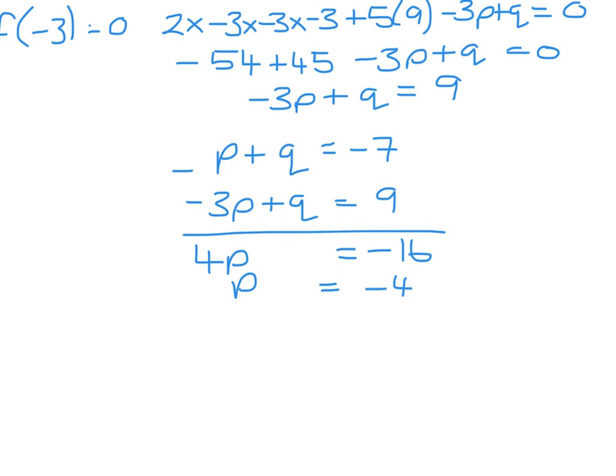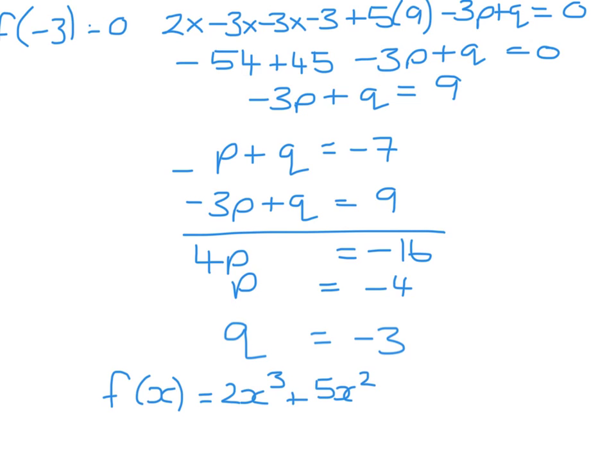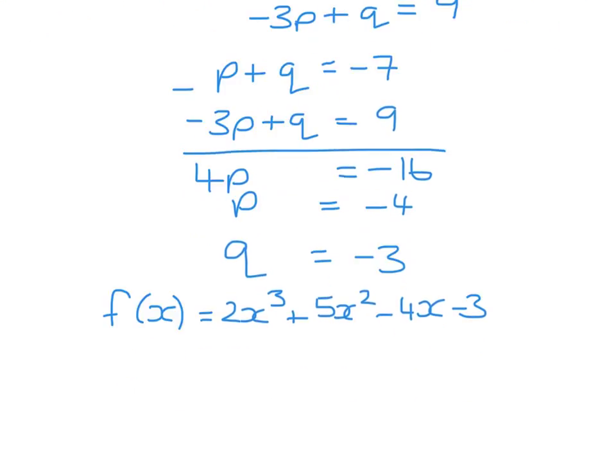And if p is minus 4, then q must be minus 3. So that gives us that f of x equals 2x cubed plus 5x squared minus 4x minus 3.